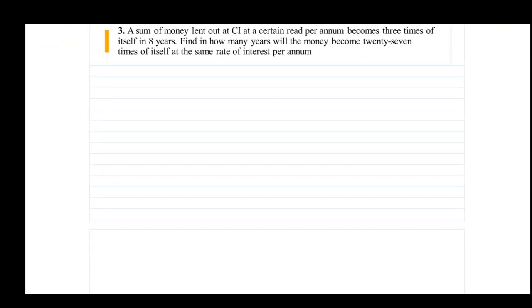Now let's discuss question number 3. Question number 3: a sum of money lent out at CI at a certain rate per annum becomes 3 times of itself in 8 years. It means when n is 8 years, A becomes 3 times P, and the rate is unknown, so you can take it as R% rate.